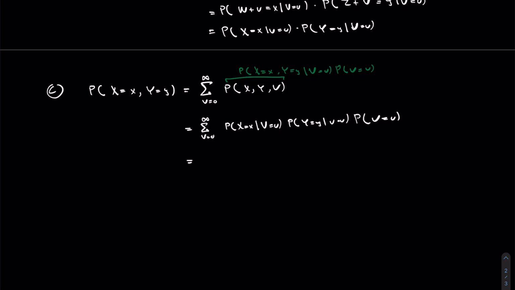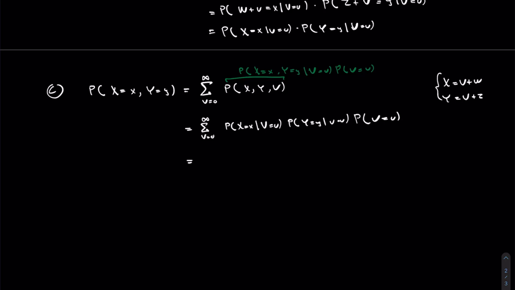And then there's actually a limit. We're not going from V to infinity, because we know that V can never be larger than either X or Y. That's because we have X equals V plus W, Y equals V plus Z. If V were larger than X, and because we know X is an integer value, Poisson, 0 to infinity, it can never be larger than X or Y jointly.